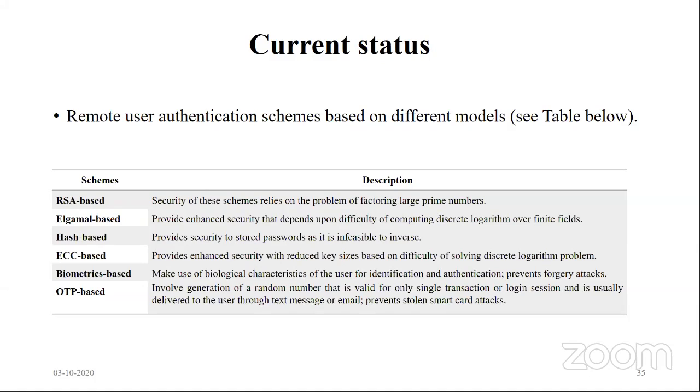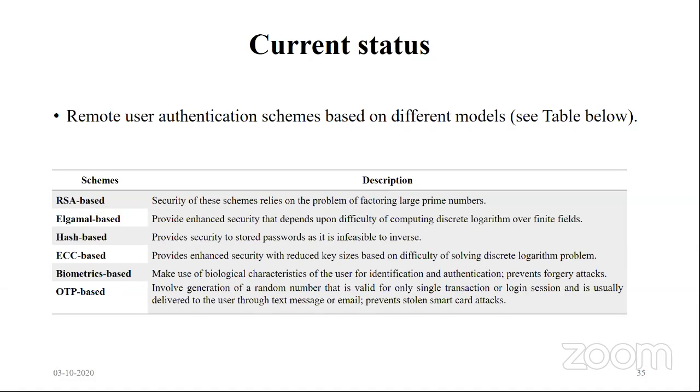Since an attacker is a polynomial time adversary, it cannot do this. Then ElGamal-based schemes are also there, in which the discrete logarithmic problem, which is difficult to compute in polynomial time, is kept as the basis for the security of the underlying scheme.